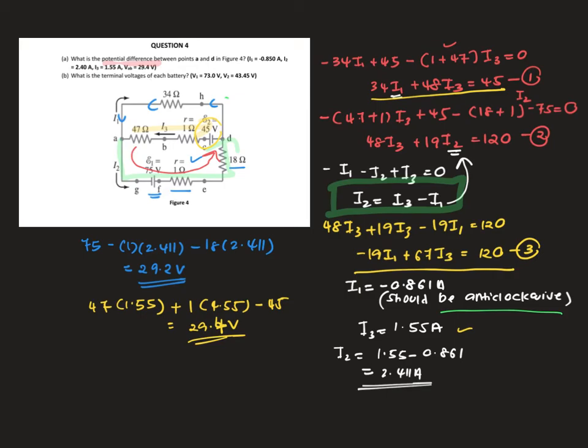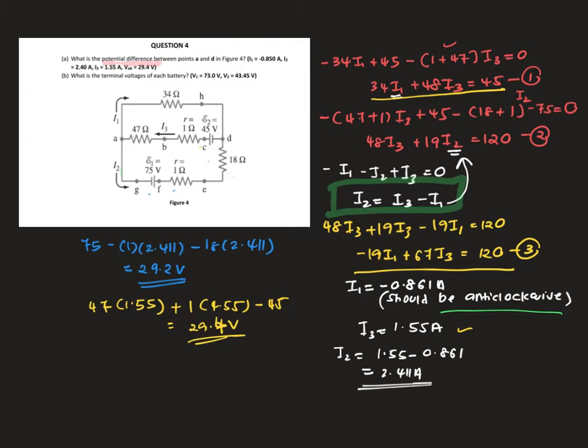So basically what happened here is your answer for I1, I2 is correct, because you already checked using two different paths. Let's move on with the terminal voltage of each battery. Like I mentioned before, terminal voltage can only be found at the battery. But to find it, make sure that the currents are already fixed, because you want to know whether it's going to be charging or discharging.